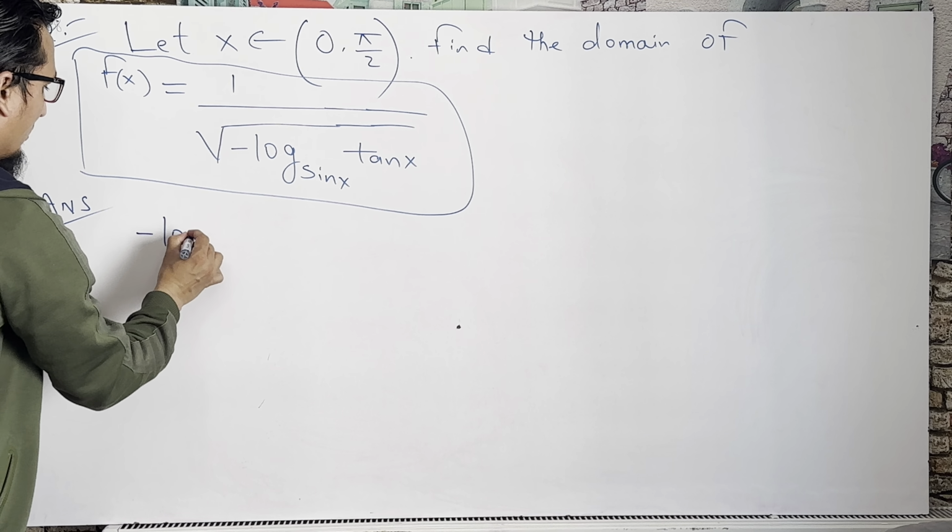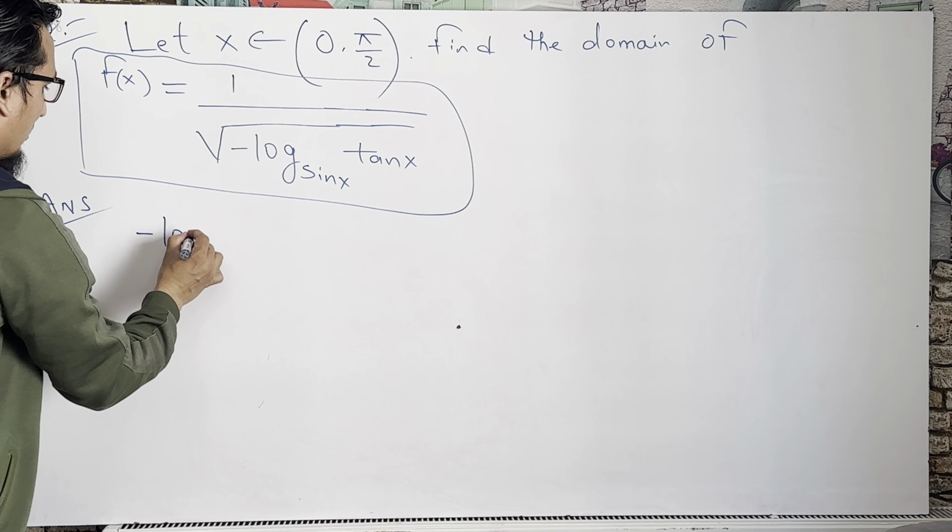must be greater than 0. If this value is greater than 0, then 1 divided by the square root of any positive value, the function exists. So the condition is that minus log base sin x tan x must be greater than 0.